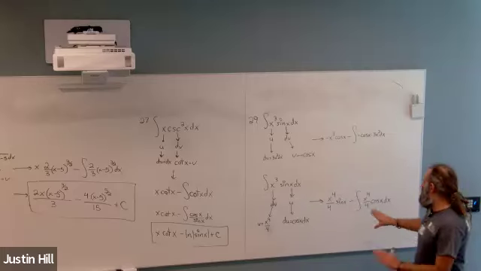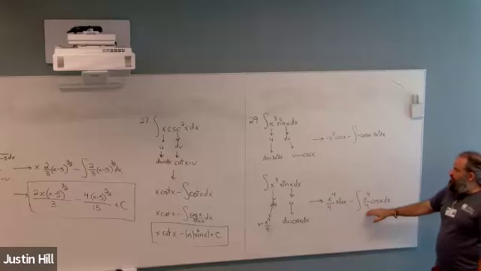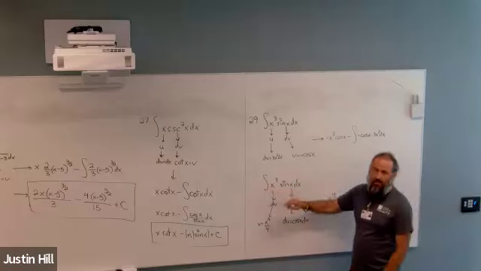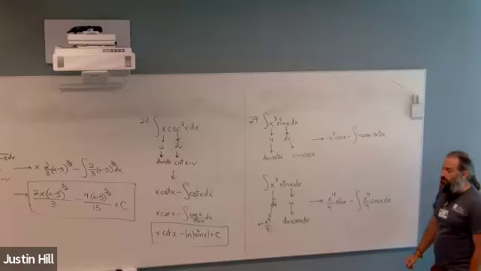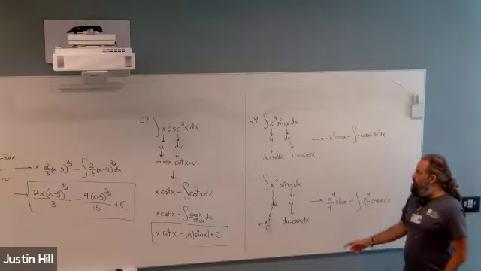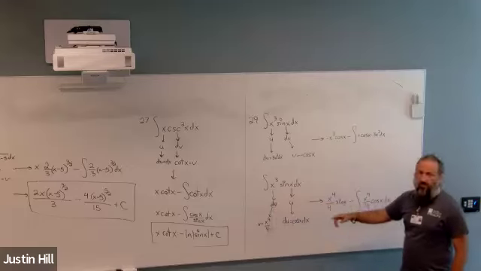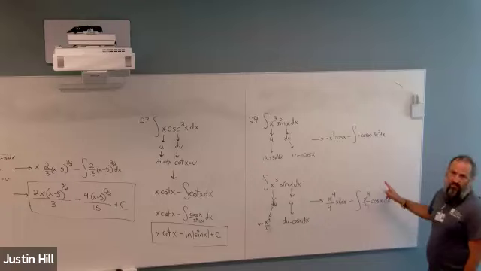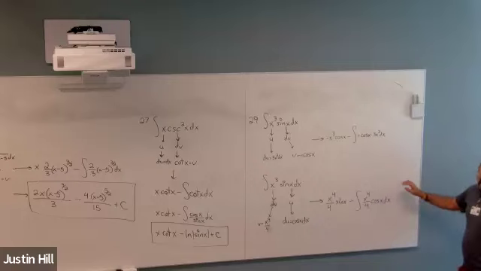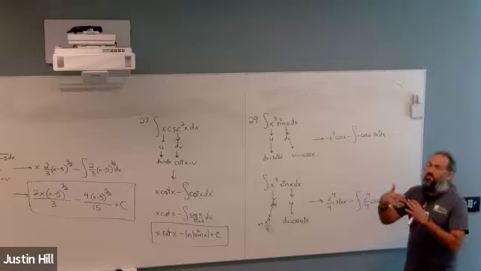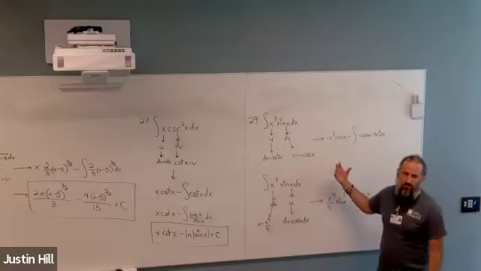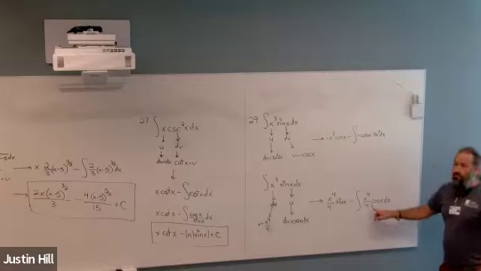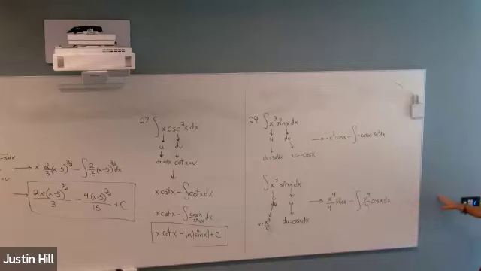But in general, that's going to be one of the problems once the x has a power larger than 1. If you pick the polynomial as your dv, you're going to keep getting an integral at the end of your integration by parts that has a higher power. So theoretically, if this wasn't a sine x, if this was something else, then you would end up with an infinite haul of integration by parts, with integrals at the end that you're going to have to do, and it would never end.